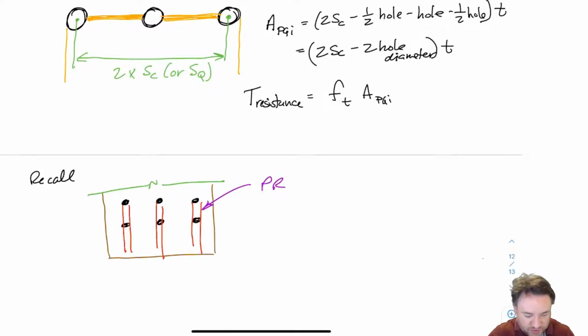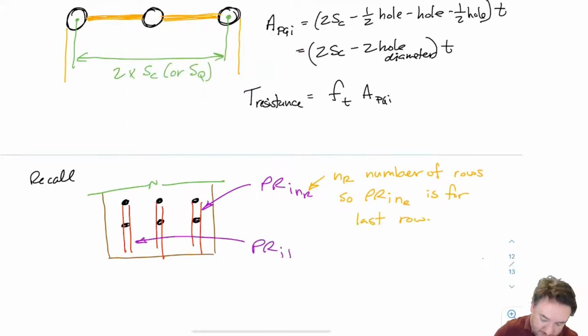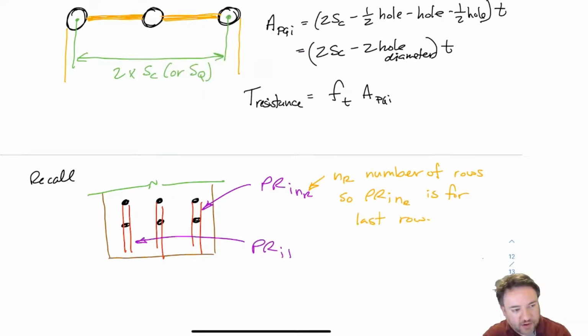R is for row shear. And we called that PRIJ. So this one, we could call that PRI NR, where NR is for row, remember I.